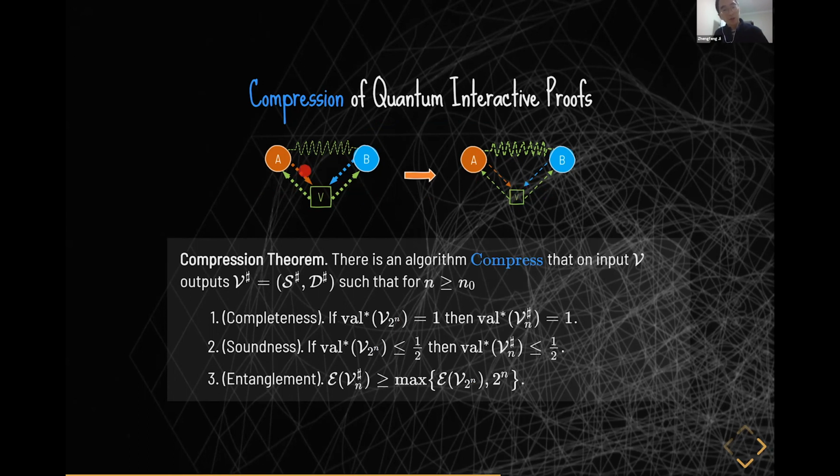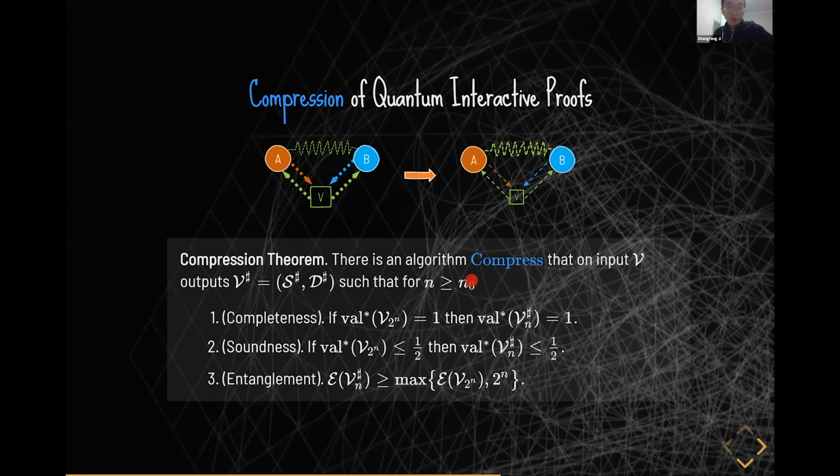This one is big because the messages are big. You can think of this as exponential size messages, and this as polynomial size messages. It's small because, from the verifier's perspective, the running time and the messages are much smaller, but nevertheless, the smaller protocol will be able to simulate the bigger protocol in the following sense.